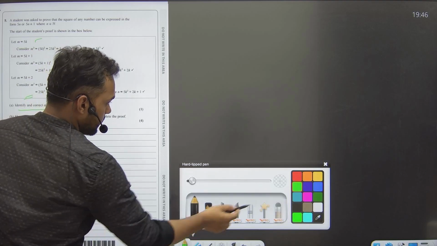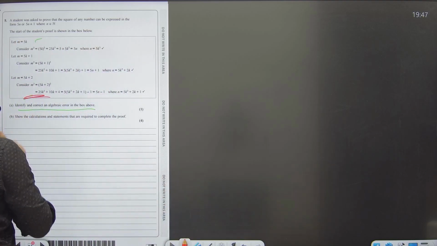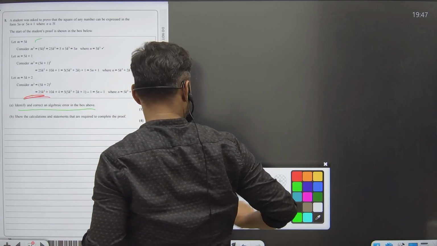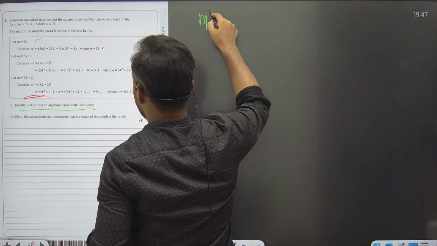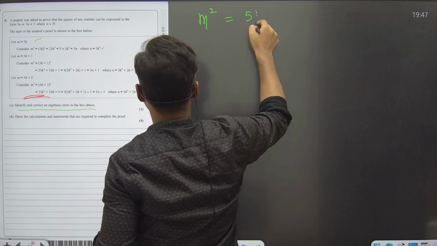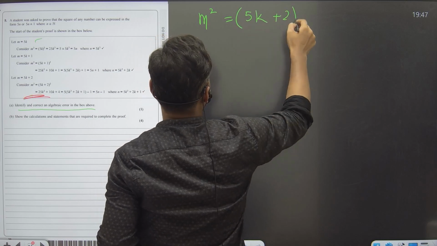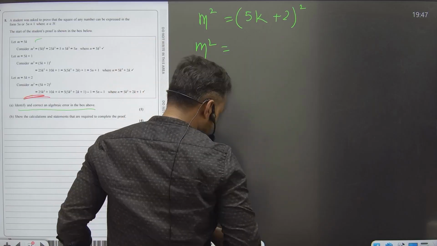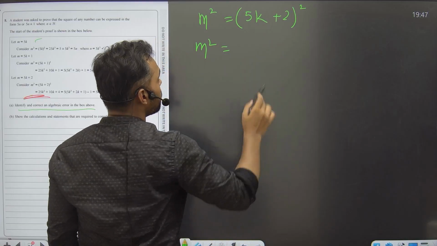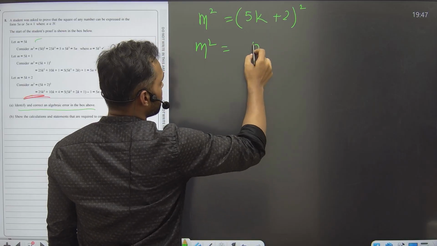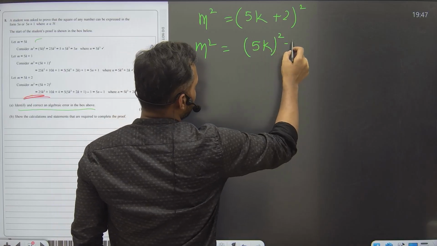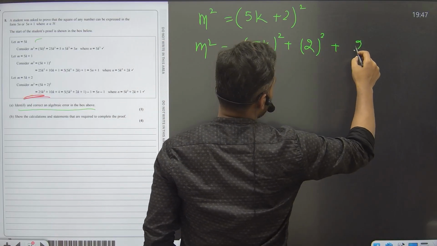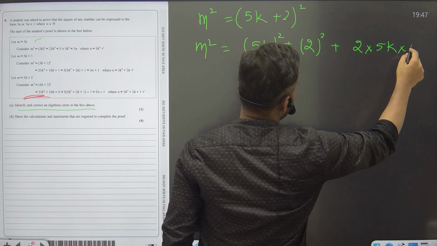For m square equals (5k plus 2) whole square, the student made the mistake in opening it with the format of (a plus b) square, which equals a square plus b square plus 2ab, that is (5k) square plus 2 square plus 2 times 5k times 2.